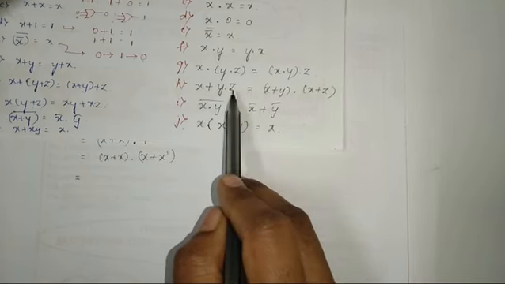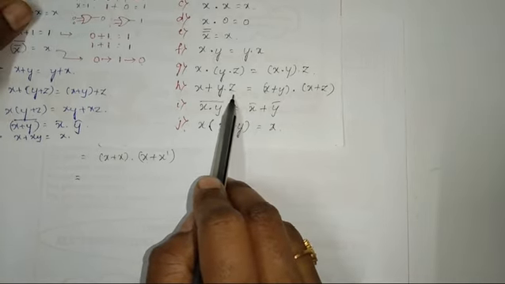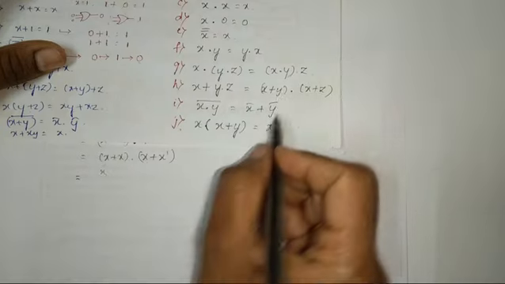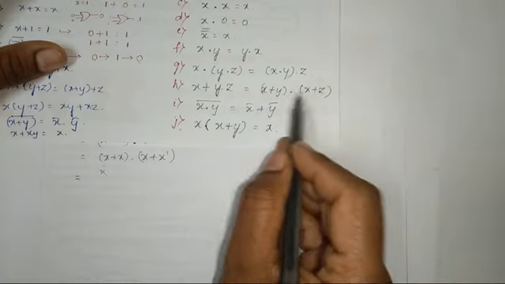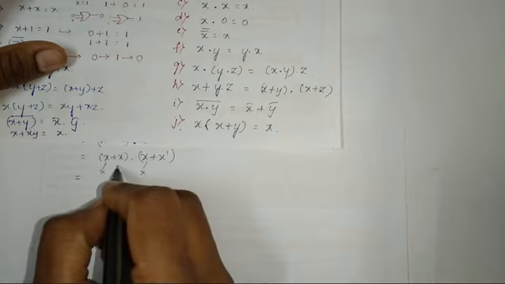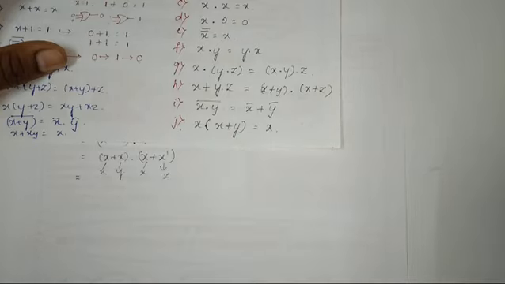I am using the basic identities to prove x plus x is equal to x. So in x plus y, x plus z, in place of x, x is there. In place of y, x is there. In place of z, x bar is there.